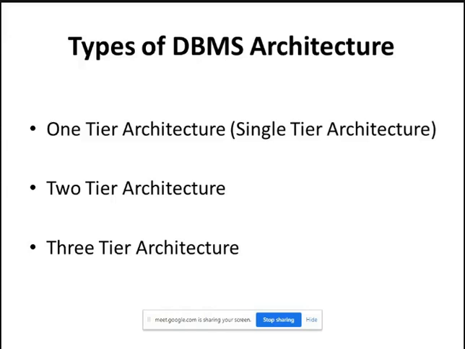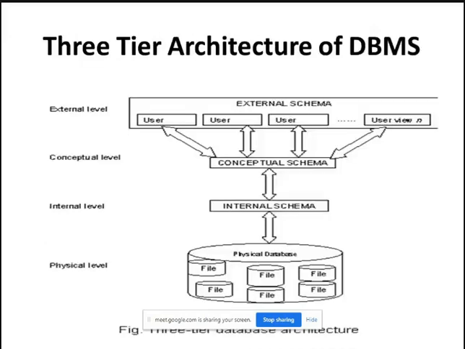Three-tier architecture contains a presentation layer, an application layer, and a database server engine. The three-tier architecture of the database is basically an extension of the two-tier client-server architecture. Moving to the next part, that is the three-tier architecture.